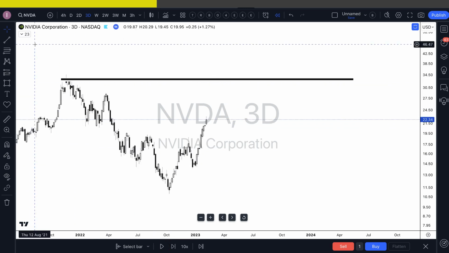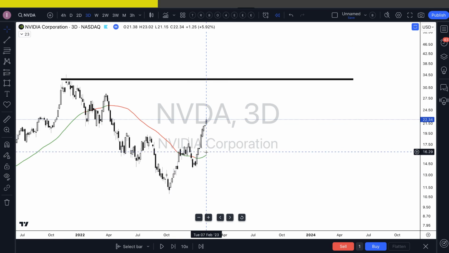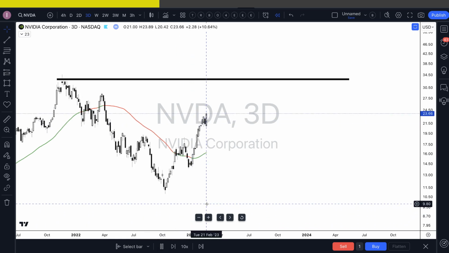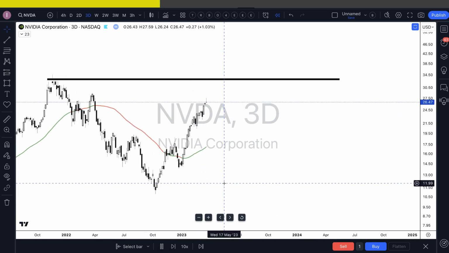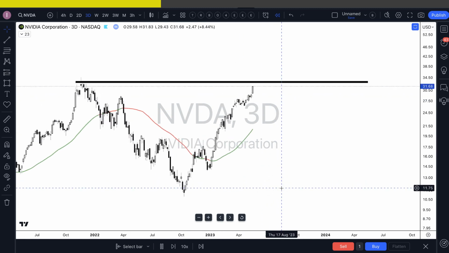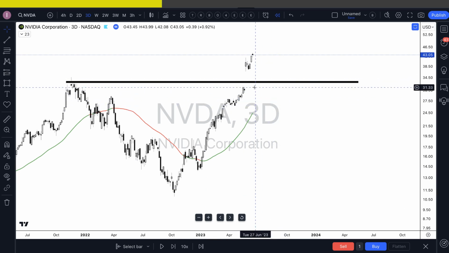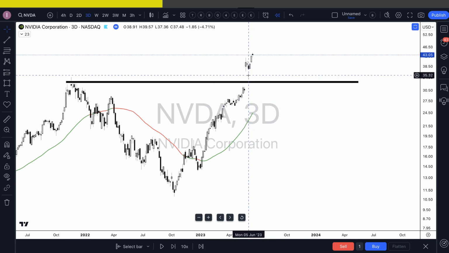Actually, let me get that 50 SMA on there. So you see how price is above it? Actually, price is way above it. The 50 SMA is curling up. So we are in. Now you can see right here where price is well above it.